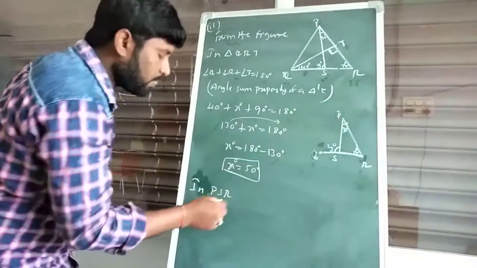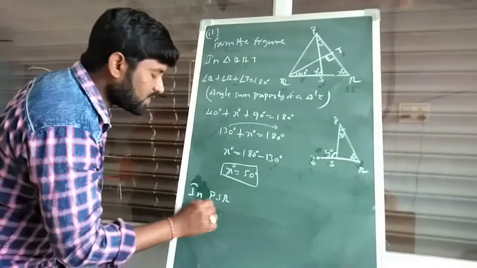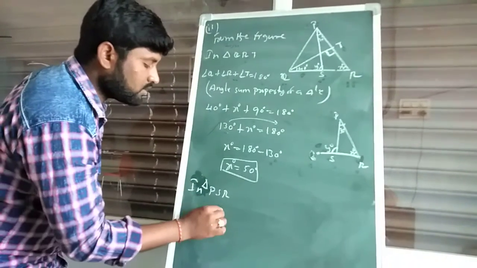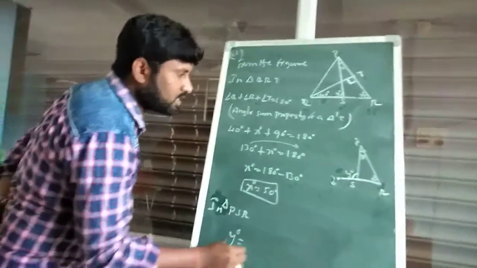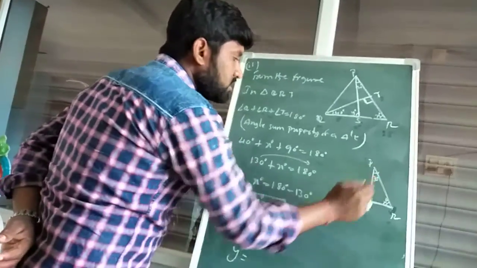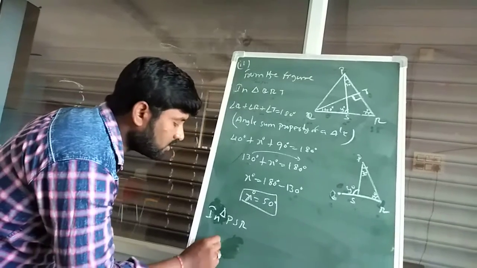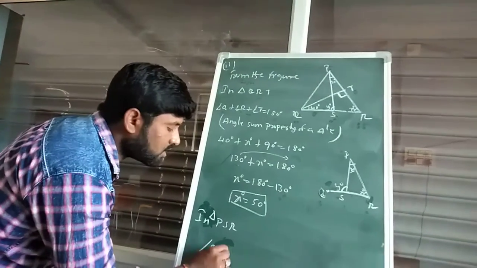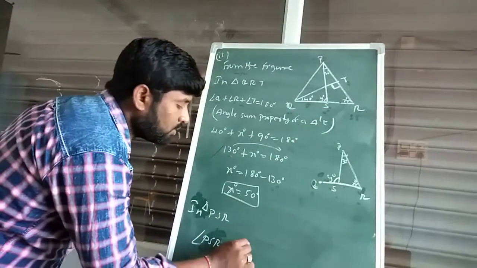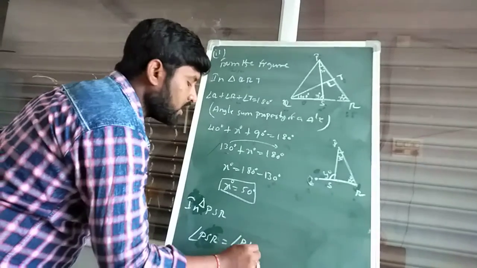So now y degrees is equal to x degrees plus 30 degrees. And we can write it as angle PSR is equal to angle P plus angle R.